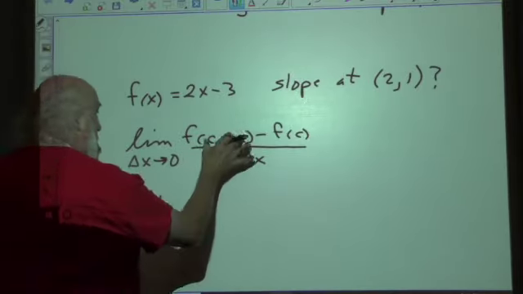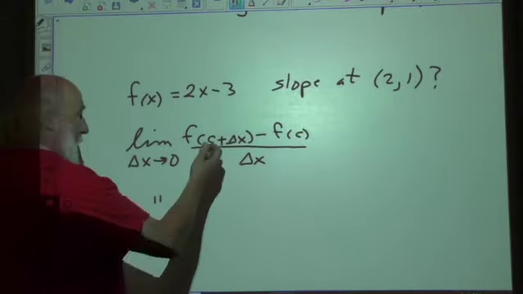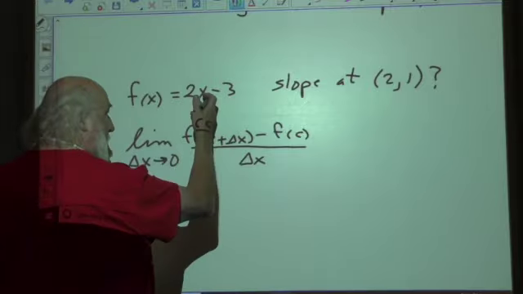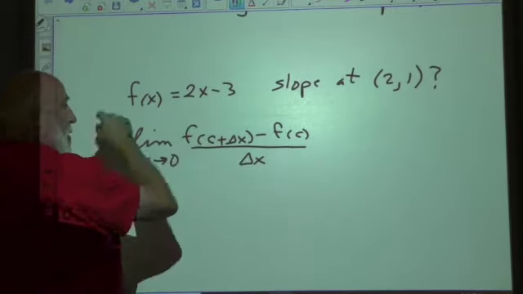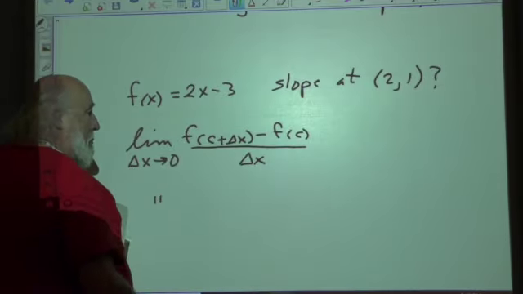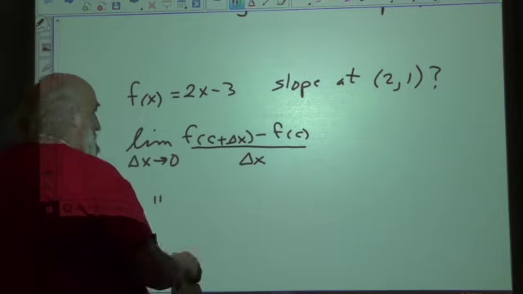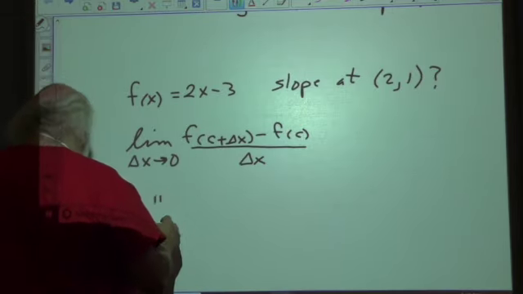We're going to plug this whole thing in for x for this particular point, because that's what we do with functions. If it was f of 5, we put a 5 in for x. If it was f of 100, you put 100 in for x. But instead of numbers, we've got the expression c plus delta x. So I'm going to plug in that for this equation.